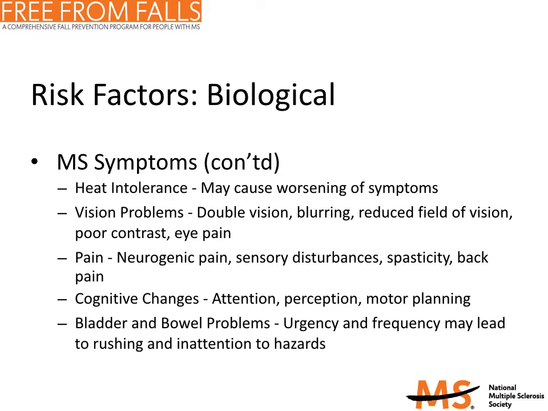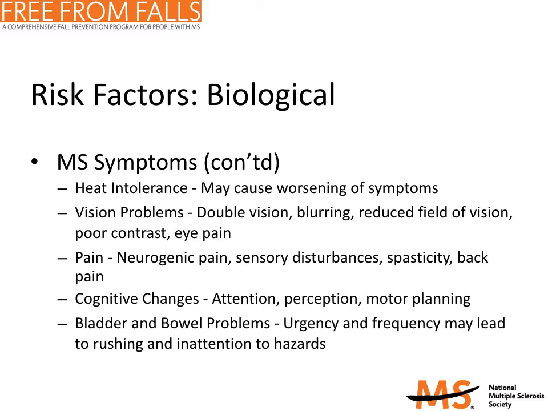When overheating causes a worsening of symptoms that lasts for a day or more, it may be referred to as a pseudo-exacerbation. These symptoms typically return to baseline when the body's temperature returns to normal. This usually takes only an hour or two, but sometimes symptoms can last for more than a day and may be confused with a true MS exacerbation.